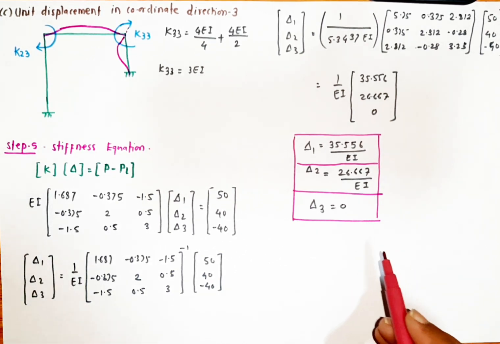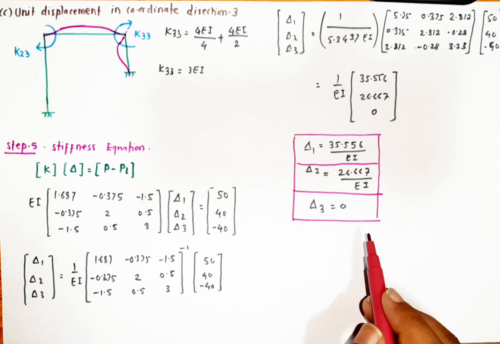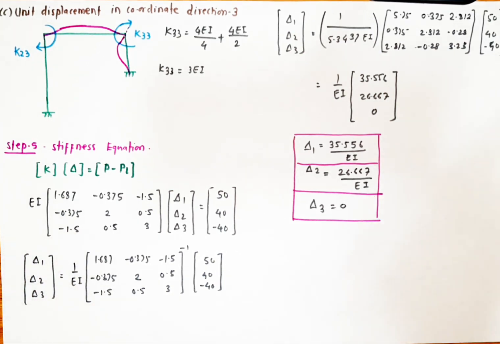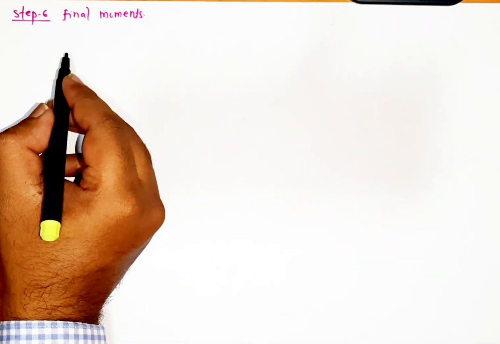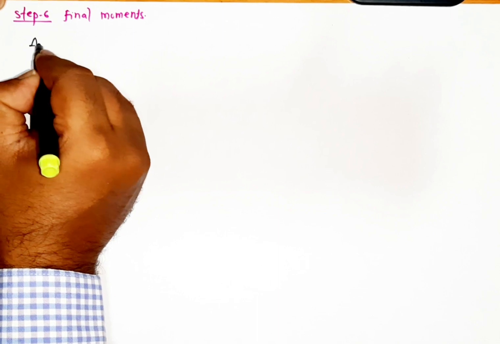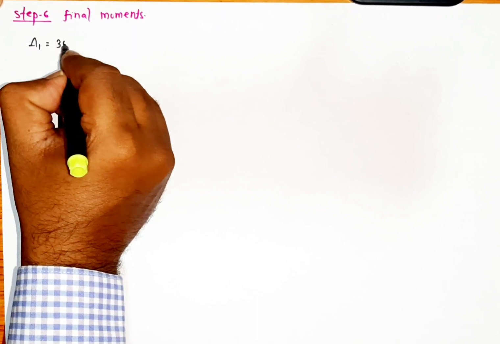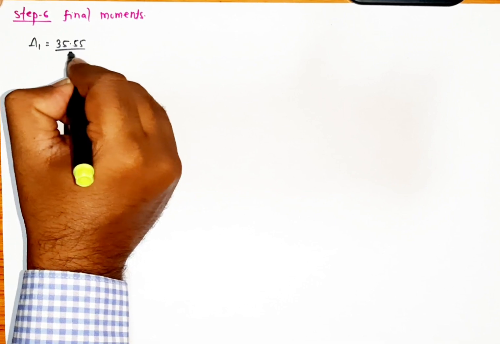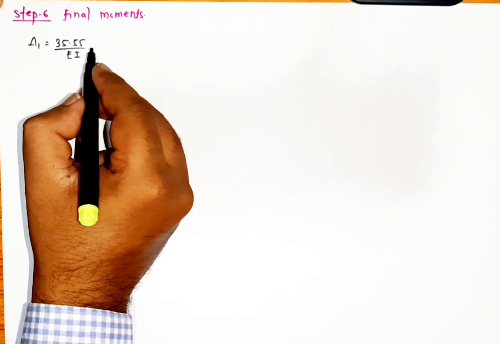Now let us substitute these values into the stiffness matrix method and find out the final moments. For the calculation of final moment we already know that delta 1 is equal to 35.55 upon EI, which is a horizontal displacement, that is delta.